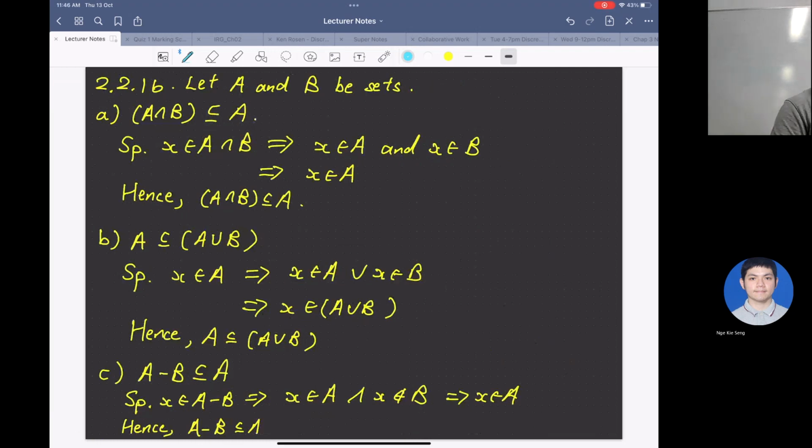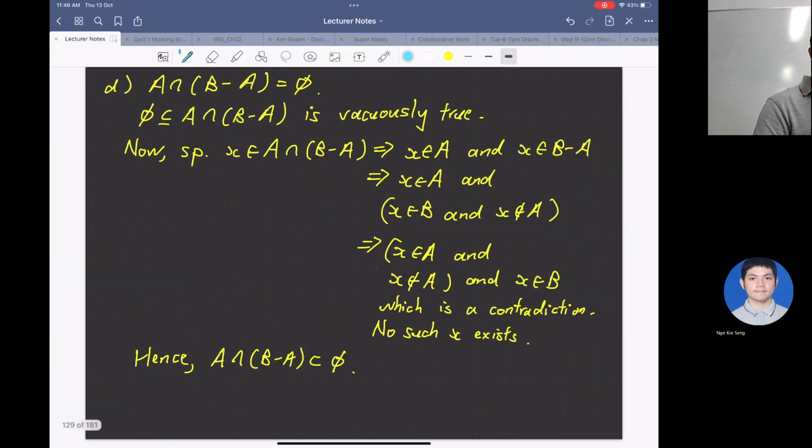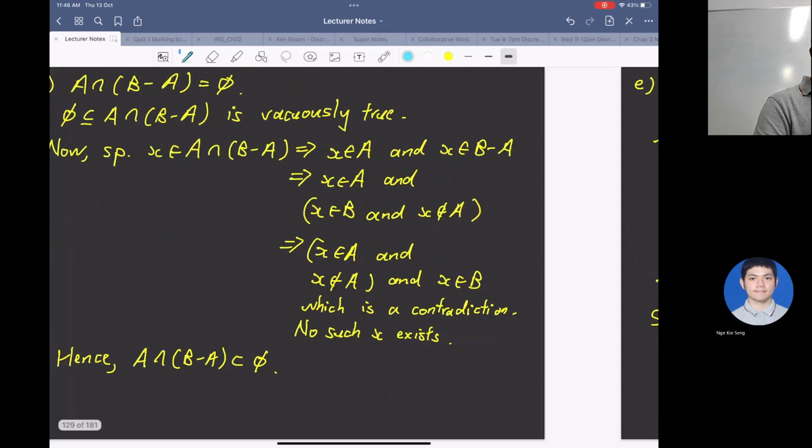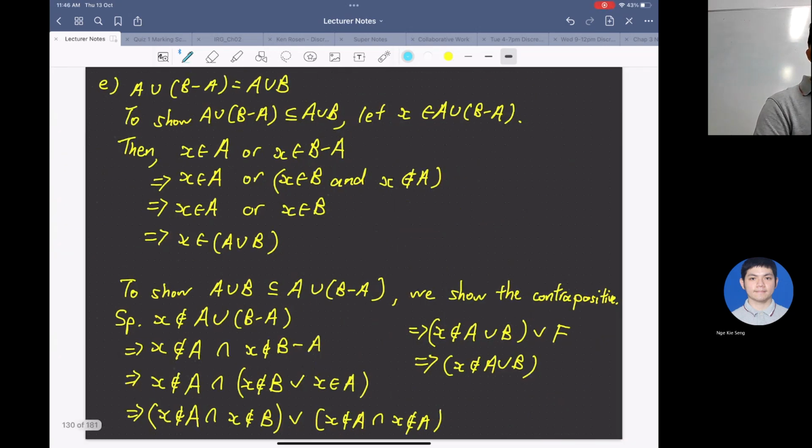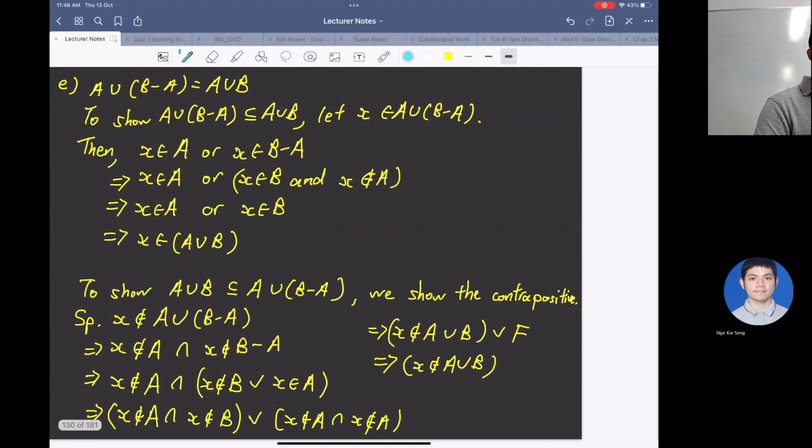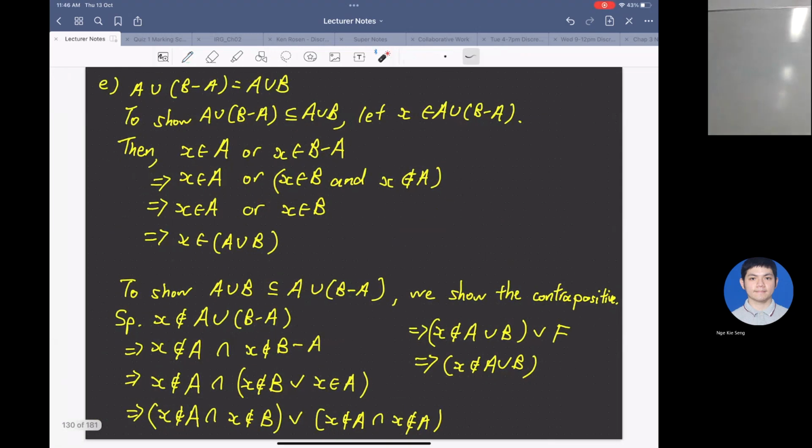2.2.16 is also showing something is a subset. These proofs combine set theory and propositional logic, so it's a good exercise to do. Okay, for E, I have something to say. I'm not sure you can show it directly or not, but I think that I can't.